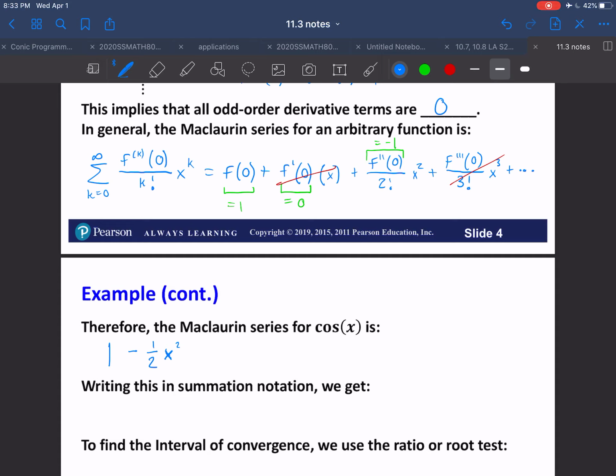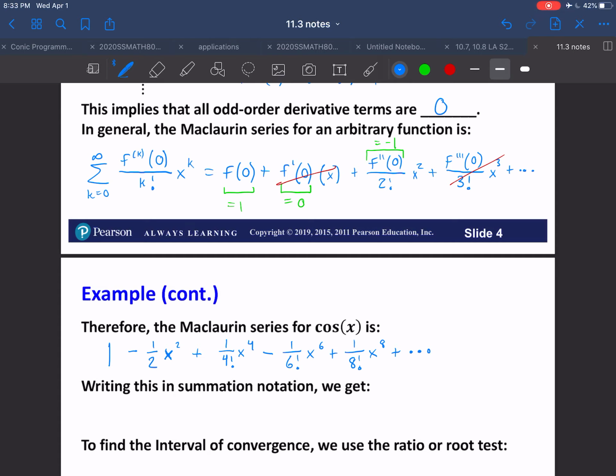And then if we were to continue this process, what we would get is plus 1 over 4 factorial x to the 4th minus 1 over 6 factorial x to the 6th plus 1 over 8 factorial x to the 8th. And then this continues forever.